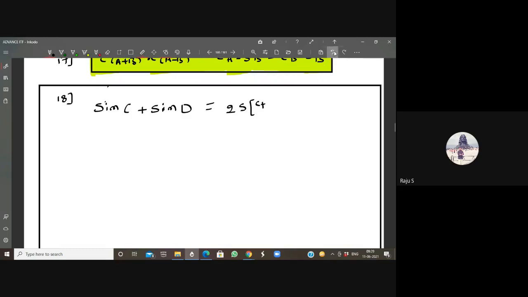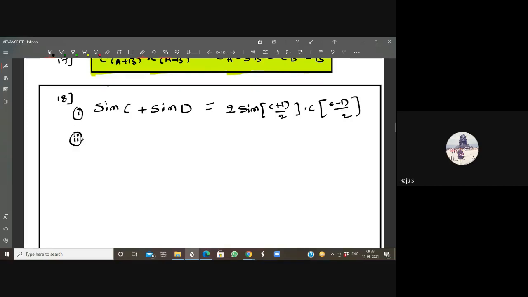We have to write these formulas properly. Sin (C+D)/2 into cos (C-D)/2. So on the right side it must be (C+D)/2 and (C-D)/2; when I take positive, when I take negative, is the first one.